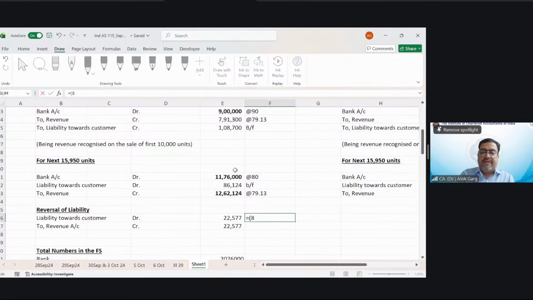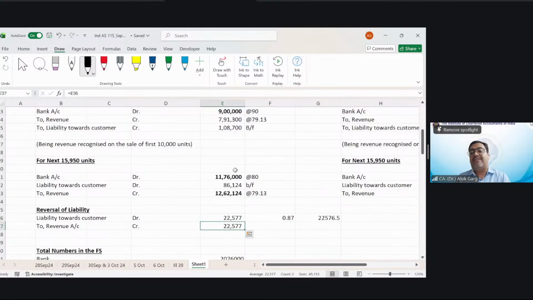What is the difference between 80 minus 79.13? 87 paisa. If I multiply this 87 paisa by my 25,950 units, I get 22,577. This is the differential revenue which I need to recognize, and this is the liability towards customer which I need to reverse. Is that clear?